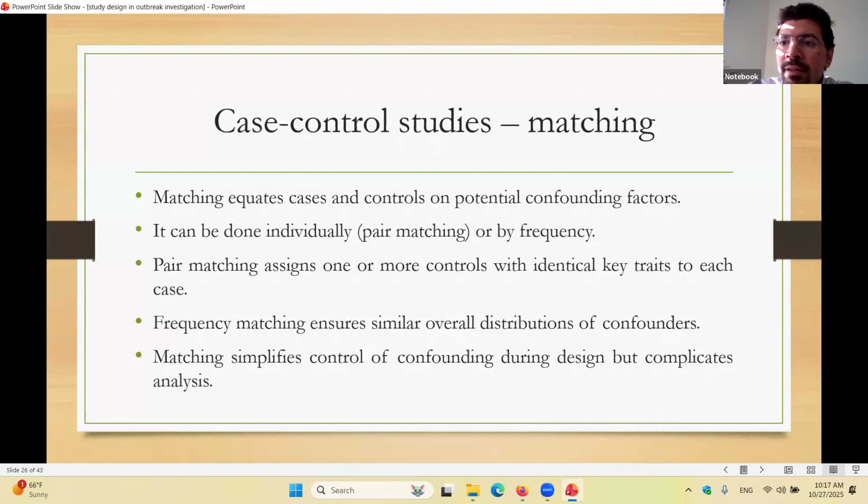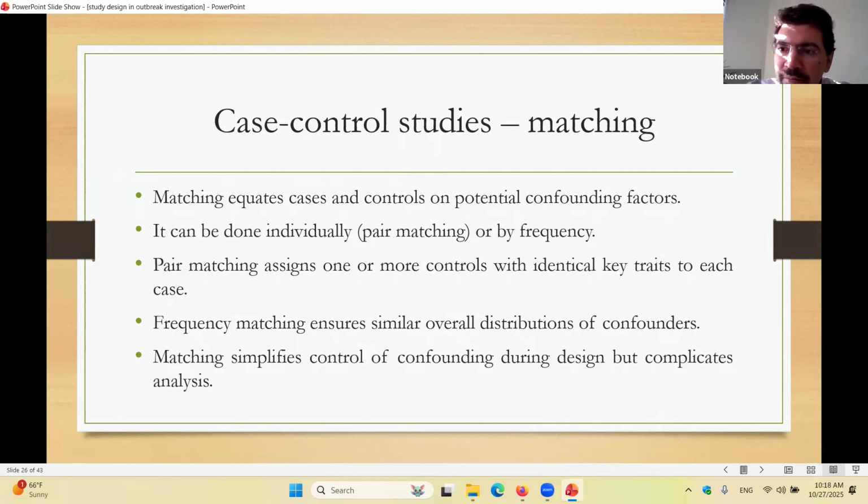Controlling at the design level is related to the time when the study has not started. It is controlling confounders at study design. And the examples are restriction, matching, and randomization.